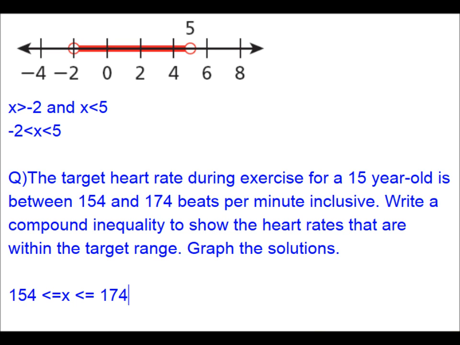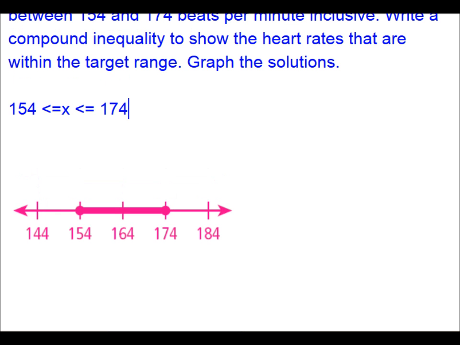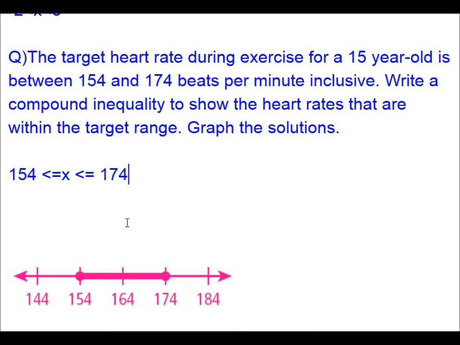That means it's between 154 and 174. So for graphing the solution on the number line, here it is 154, 174, both inclusive. So there is a dot here, and the heart rate is between 154 and 174. So this is how we graph on the number line for a compound inequality.